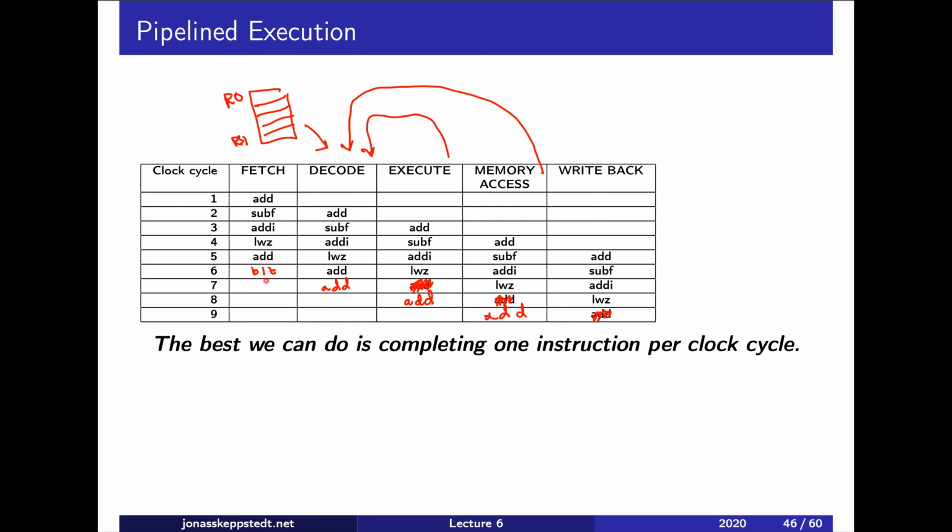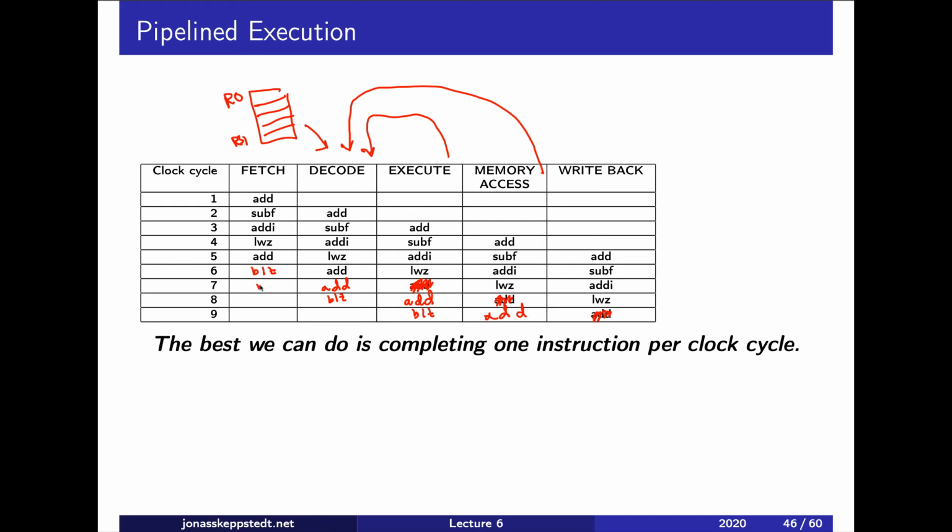Okay, when can we do the branch? Well, not in the fetch, because we don't know yet that it is a branch, and maybe in the decode, but say we don't know yet. Say we decide that we should branch when we are in the execute. What has happened is that we have fetched instructions which just happen to be after the branch in memory.